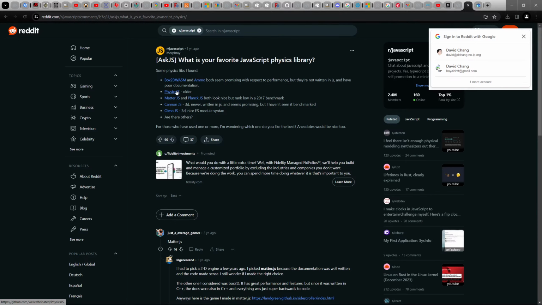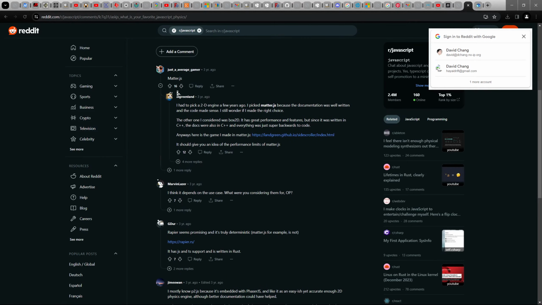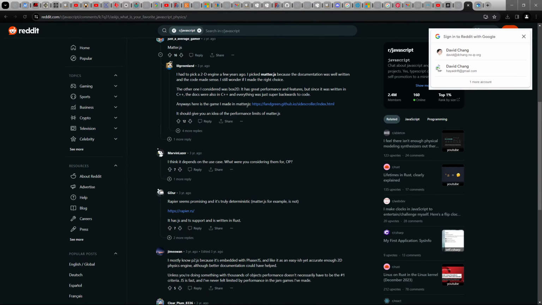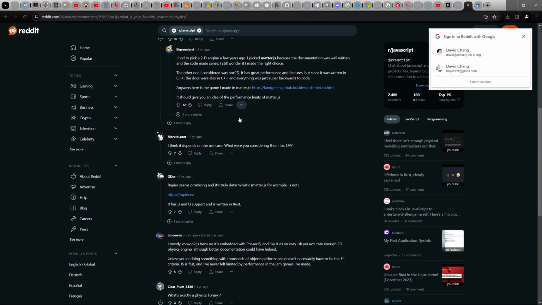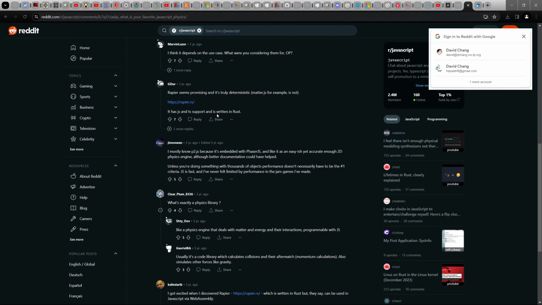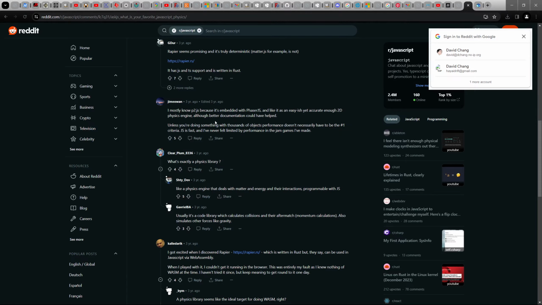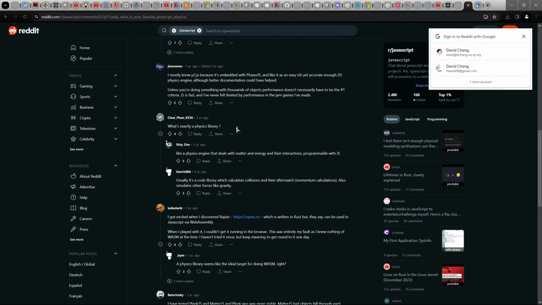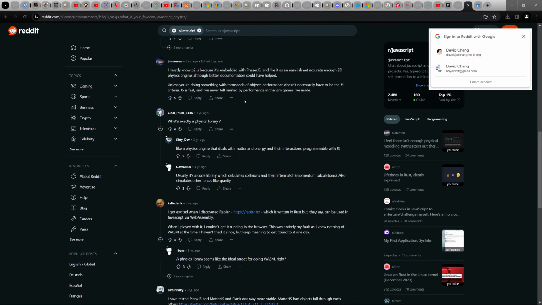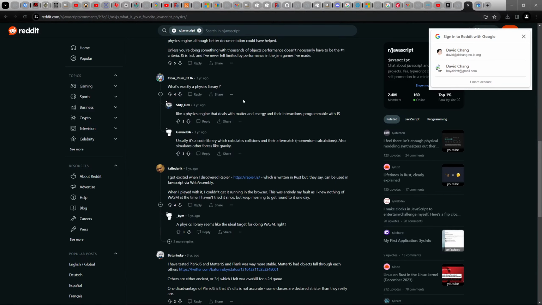WASM, Matter.js, Box 2D, Rapier, P2JS, Physics Engine. Unless you're doing something with thousands of objects, performance is not an area. JS is fast and I've never felt limited by performance in the jam games I made.